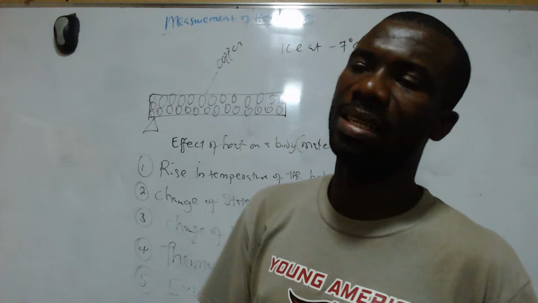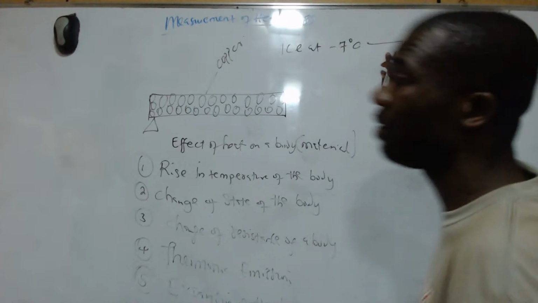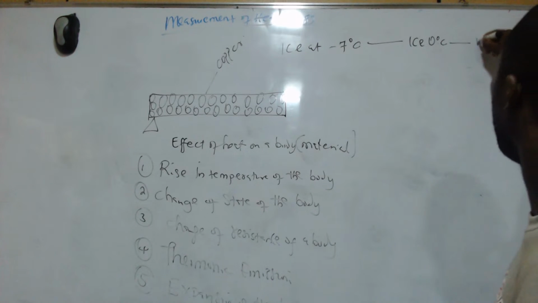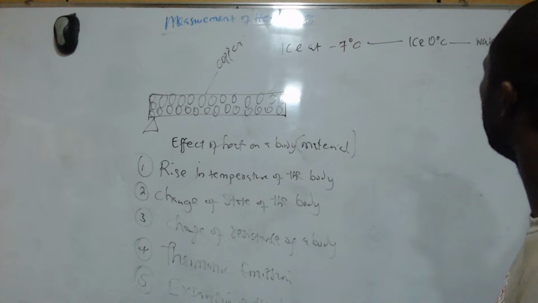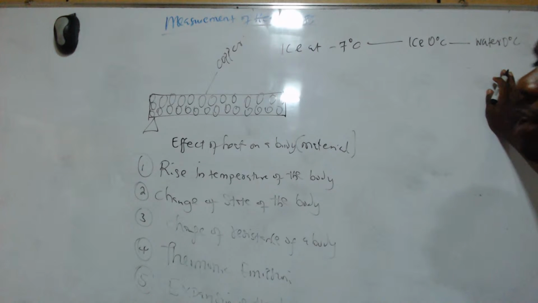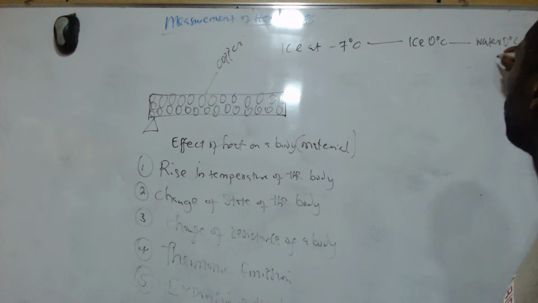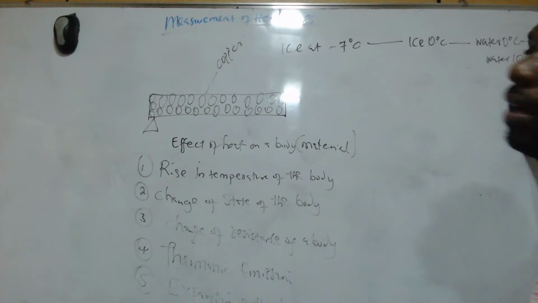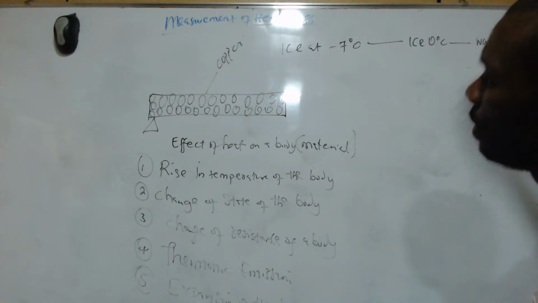As the temperature rises, it will change to ice at 0 degrees centigrade. Then further application of heat will cause it to change to water at 0 degrees centigrade also. Then when you increase the temperature as well, it will change to water at 100. Then further application of heat will change to steam at 100 degrees centigrade.